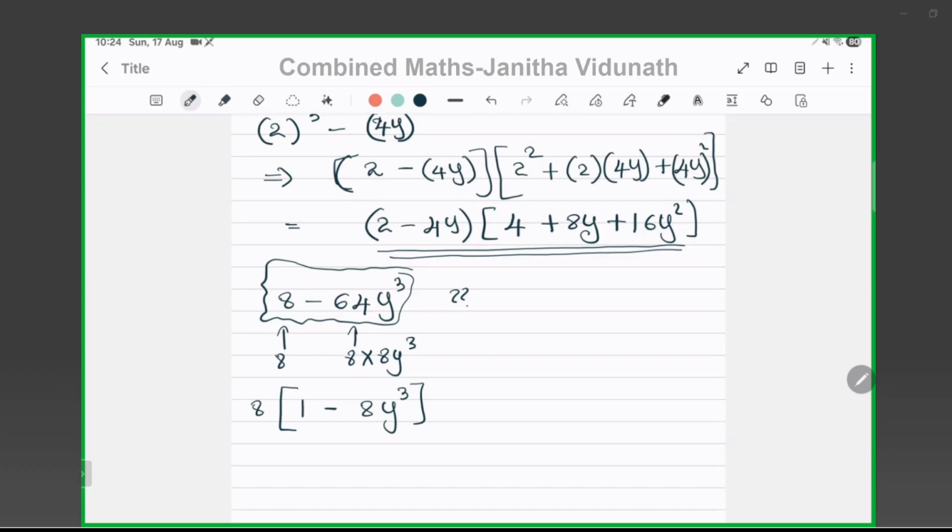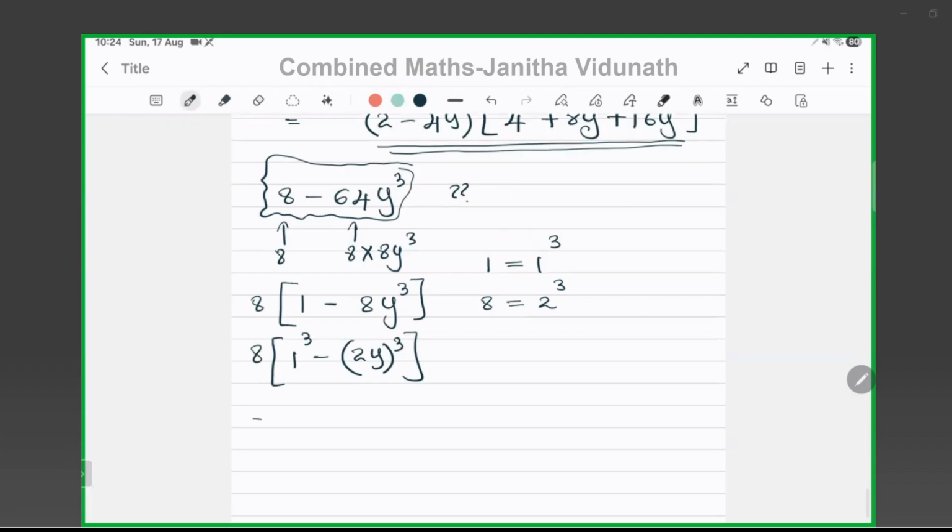Now we know 1 is 1 to the power 3 and 8 is 2 to the power 3. Then we can rewrite our question as 1 to the power 3 minus (2y) whole cubed.